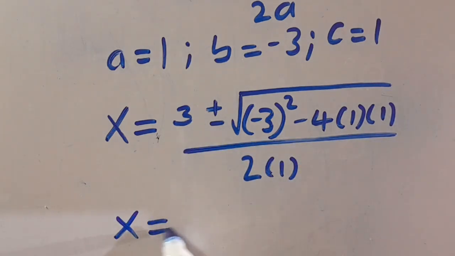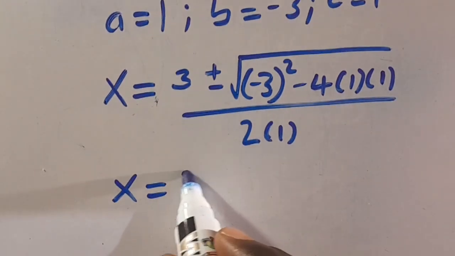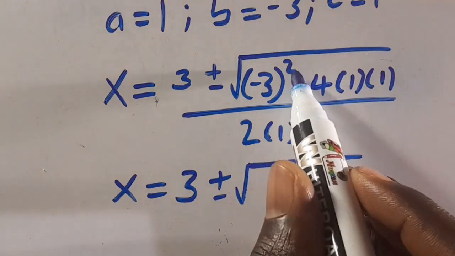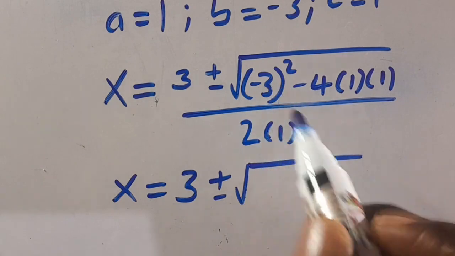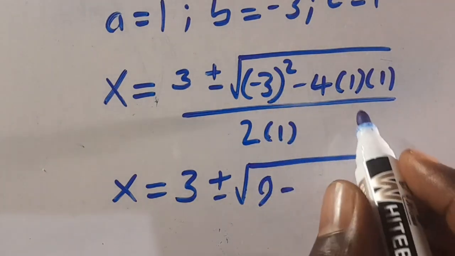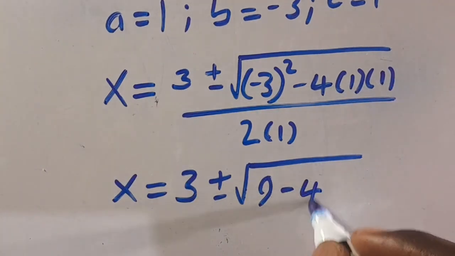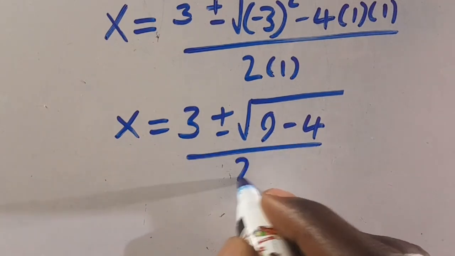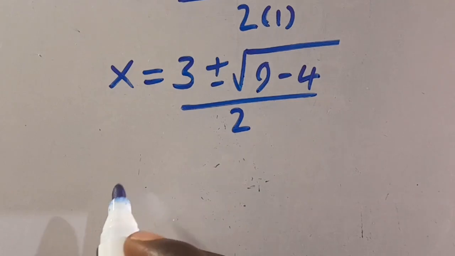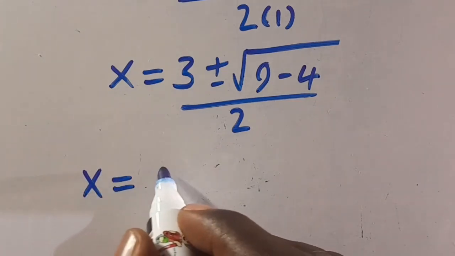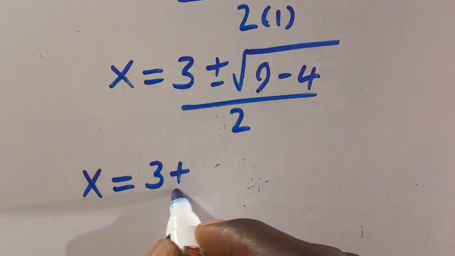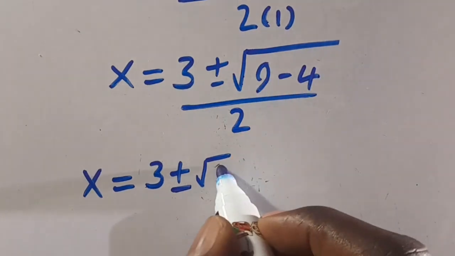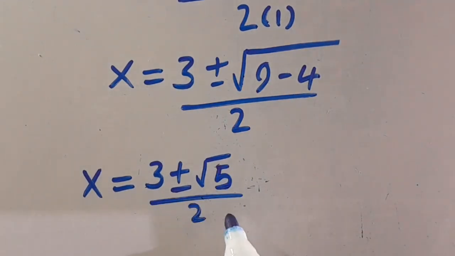So we have x equals 3, positive or negative. Because of this power 2, it will affect this negative, so here will be 9 minus 4 times 1 times 1 is 4, then all divided by 2. So from here we have x equals 3, positive or negative, root of 9 minus 4 will give us 5, divided by 2.